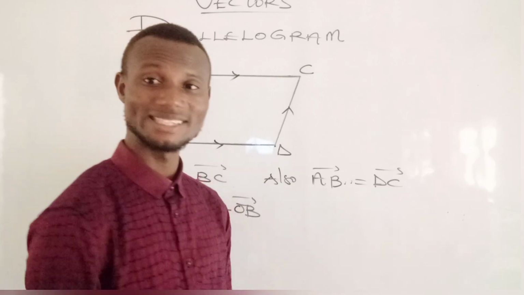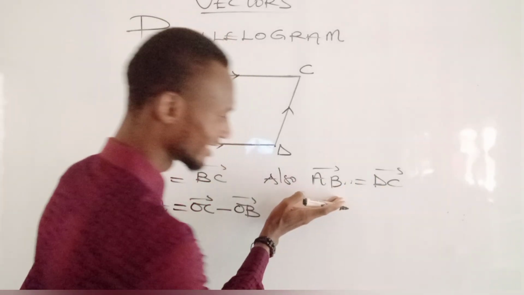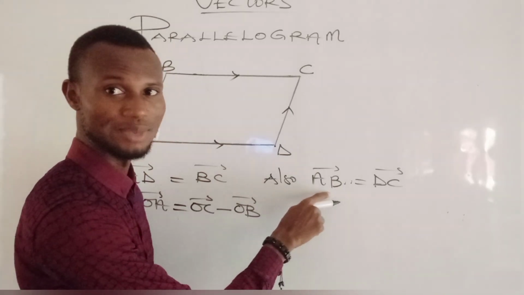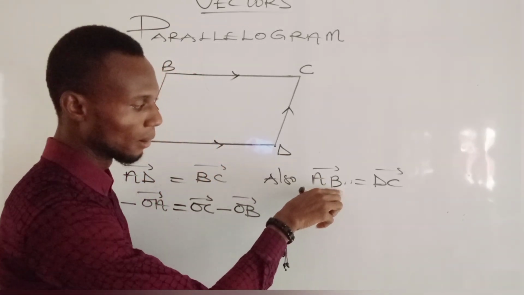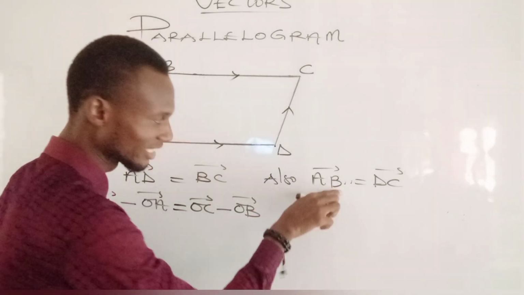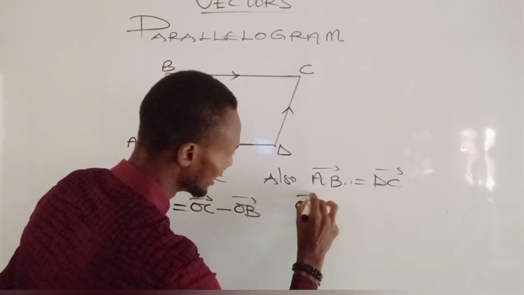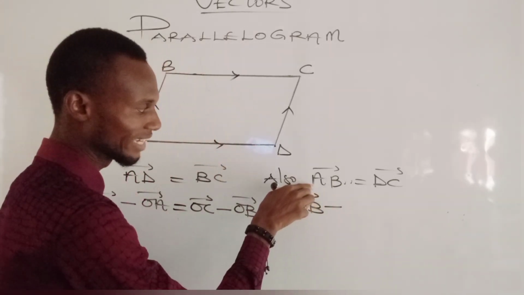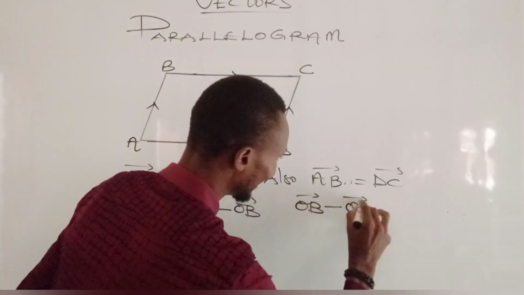With that same understanding, we are going to do this for the other pair as well. Let's write down the expansion for the vector AB. So it's going to be the position vector of the last letter, OB, minus the position vector of the first letter, OA.